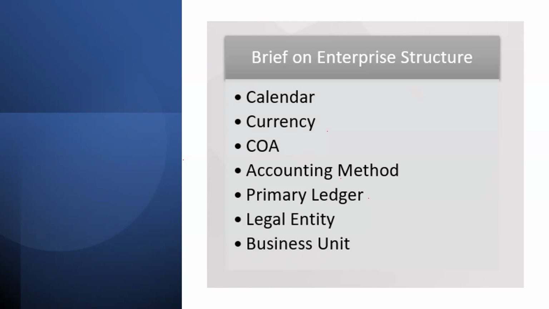To configure the enterprise structure, we have to do setups on calendar, currency, chart of accounts, accounting method, primary ledger, legal entity, and business unit. These are the main important setups we need to do to complete the enterprise structure setup.